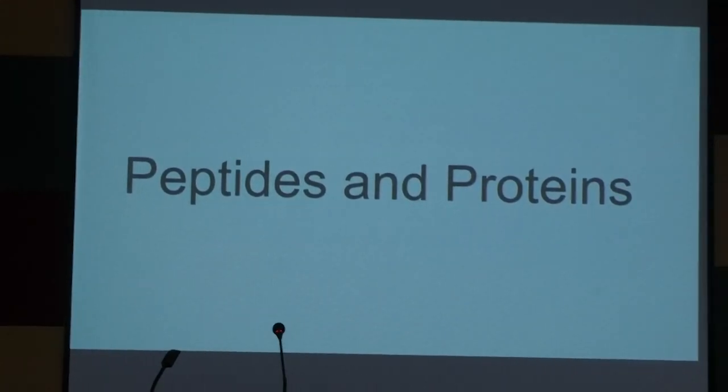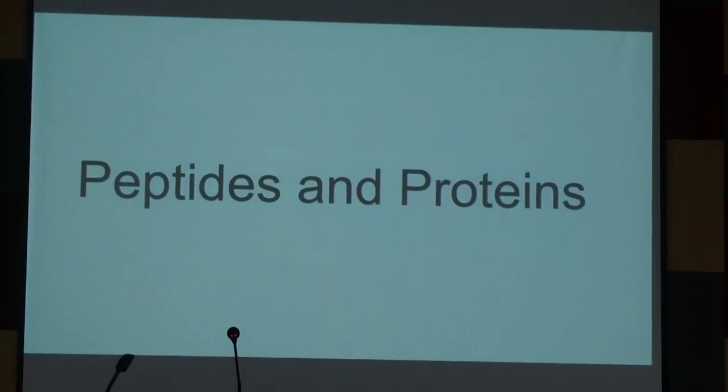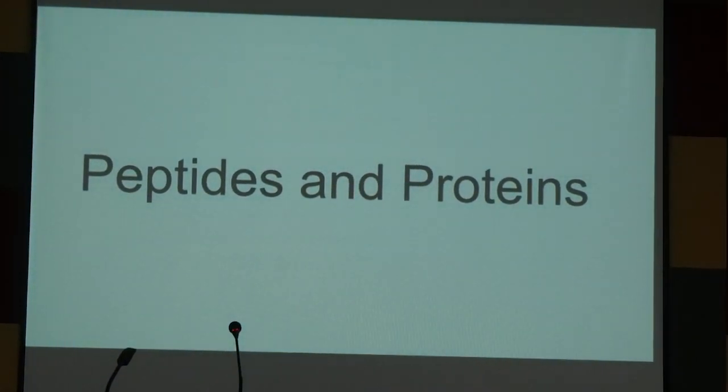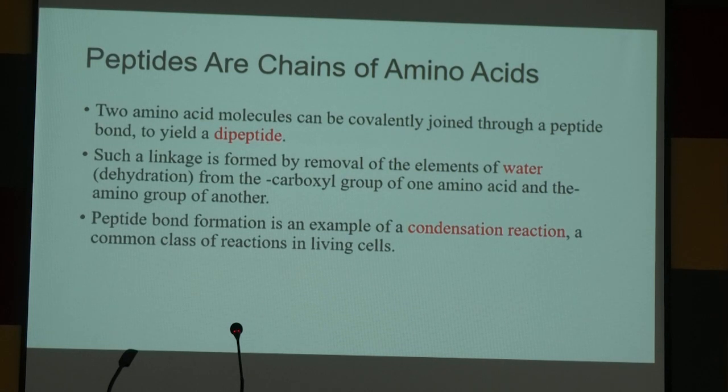So when one amino acid is connected to another amino acid, it is a peptide bond. When 2 amino acids are connected, you will call it a dipeptide, because there is only one peptide bond connecting 2 amino acids.